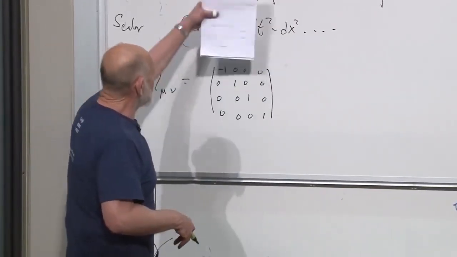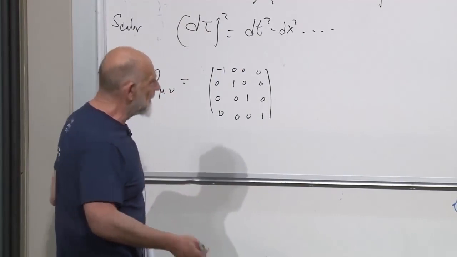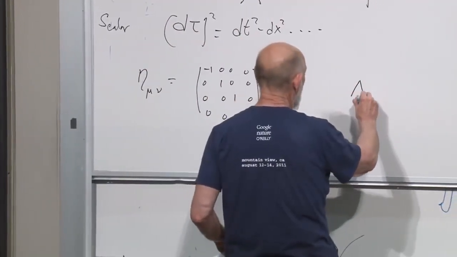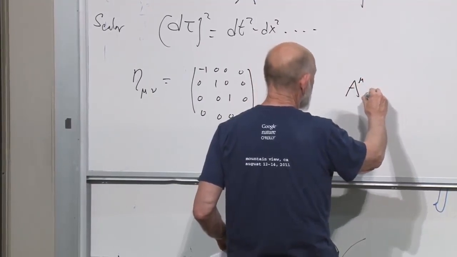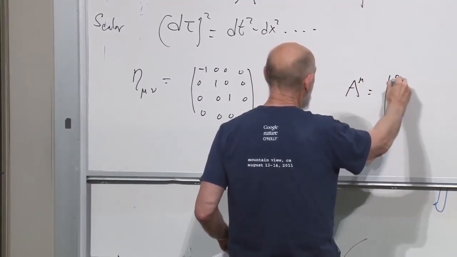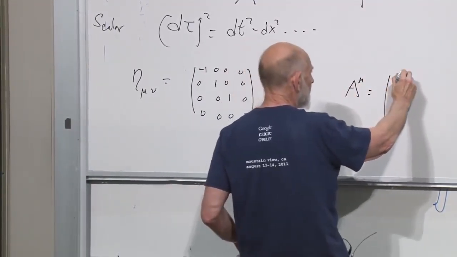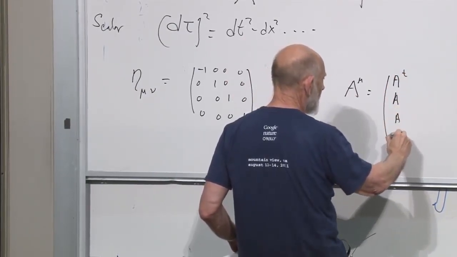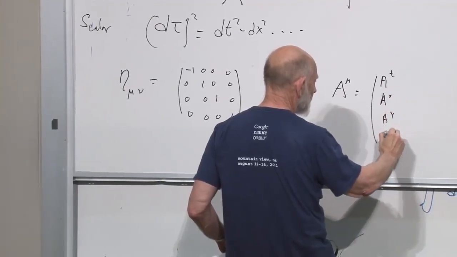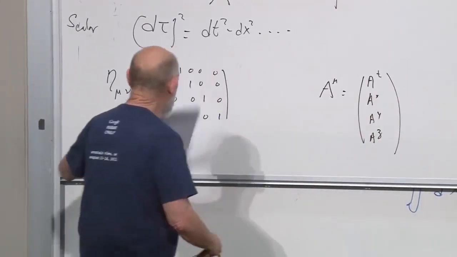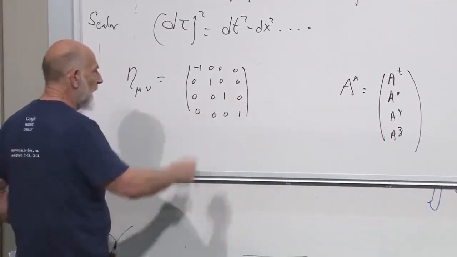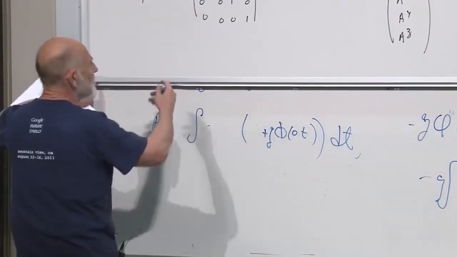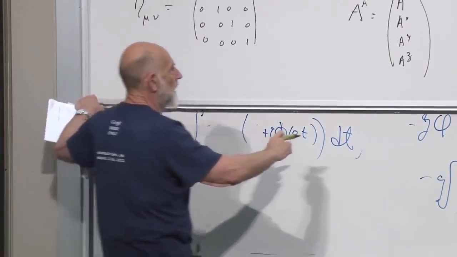Okay. Now, let's take this matrix. We're going to represent 4-vectors by columns. The column vector, for example, A mu, will consist of 4 entries, the time component, and the 3 space components, x, y, and z. And let's take the matrix and multiply it by the vector. We can either do it by matrix multiplication, or we can say, let's call this A nu.